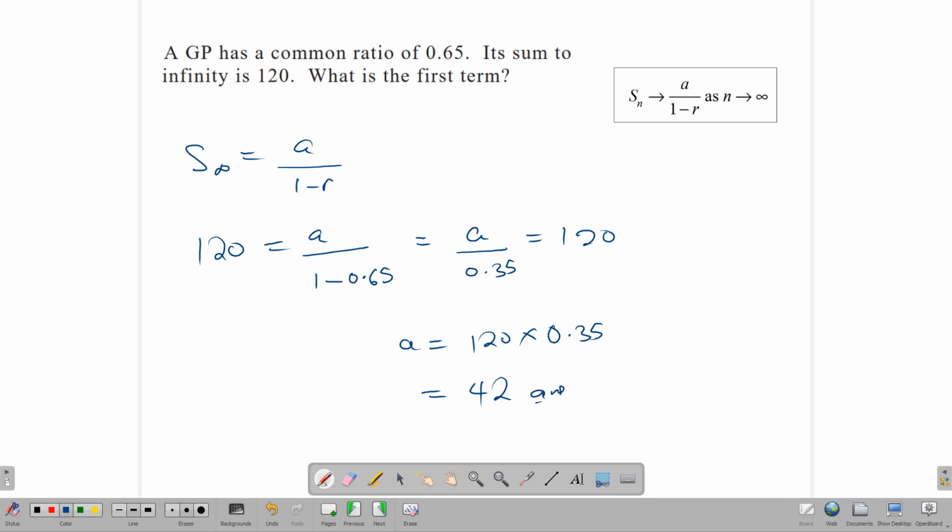So here we have gone through looking at the sum of a geometric series, partial sums, and infinite sums.